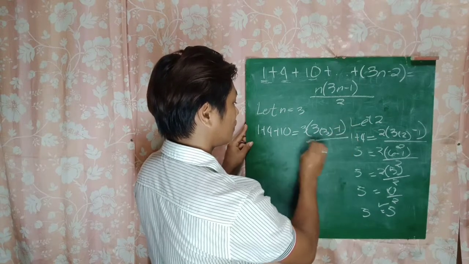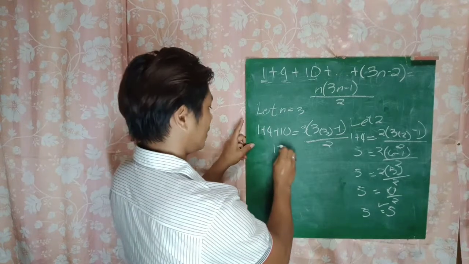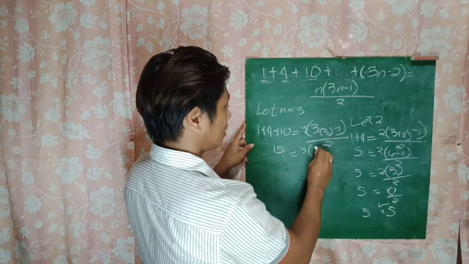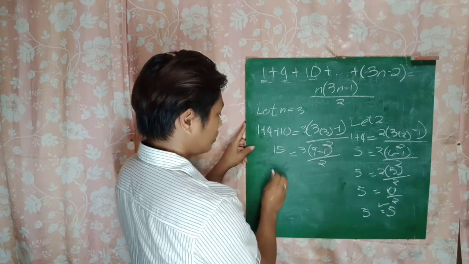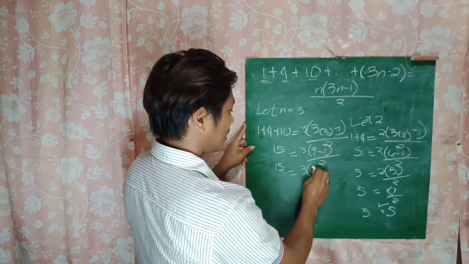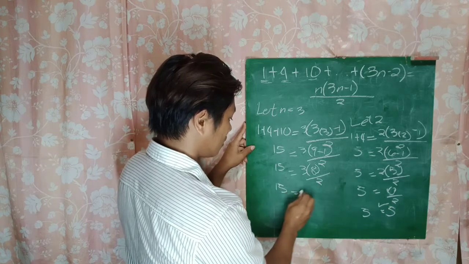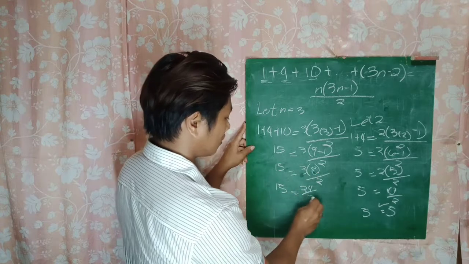3 minus 1 over 2. So 1 plus 4 equals 5, plus 10 equals 15. So copy the value of 3. So 3 times 3, we have 9 minus 1 over 2. So 15 equals, copy the value of 3, subtract 8 over 2. So 15 equals 3 times 8 equals 24, divide 2.